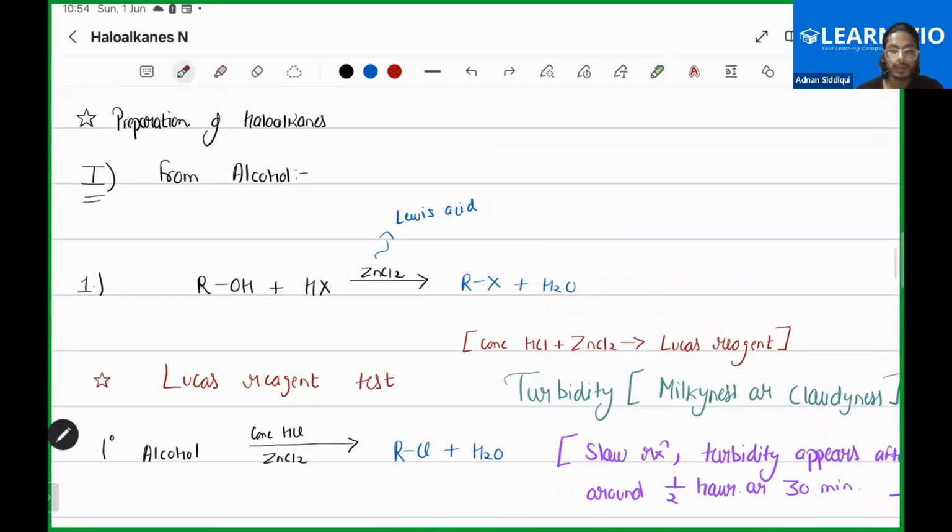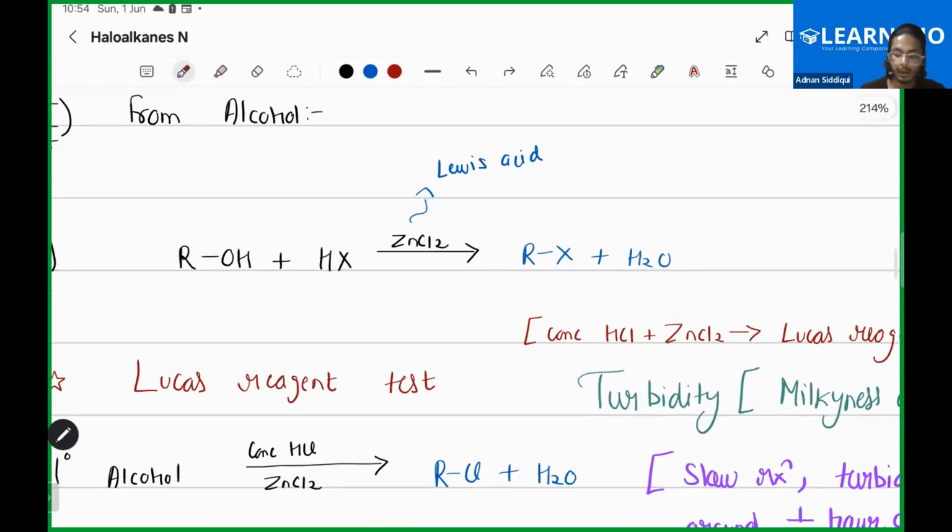Our main goal is to prepare haloalkane. And the first case is how we can create haloalkane from alcohols. So our starting reagent is fixed, which is alcohol. We are changing the attacking reagent. For the first case, we are using HX. It could be HCl.